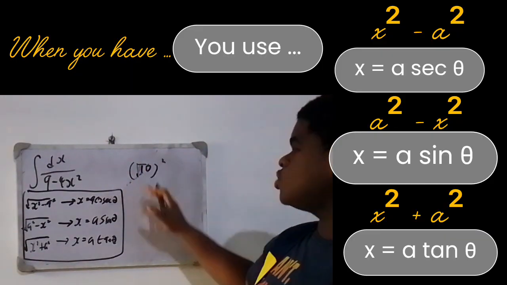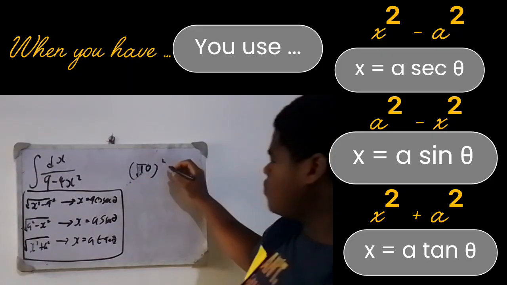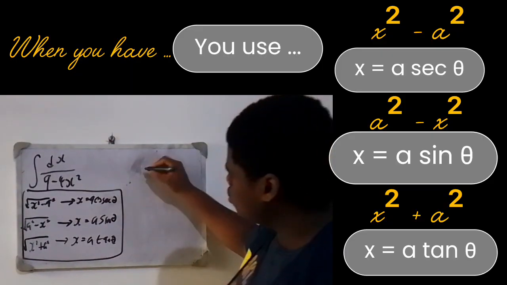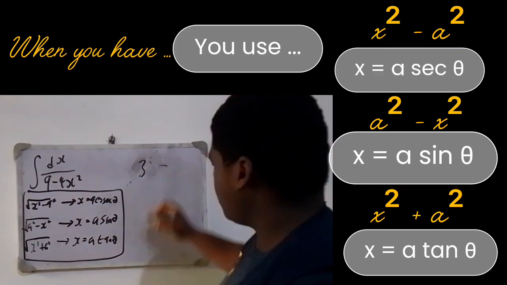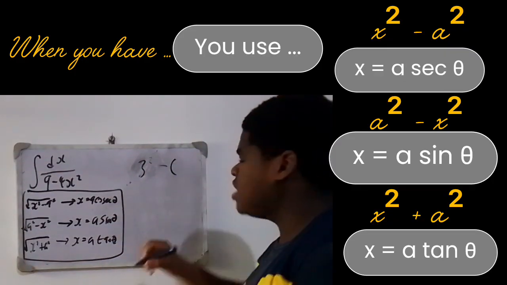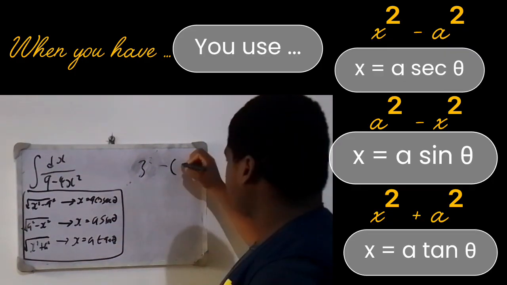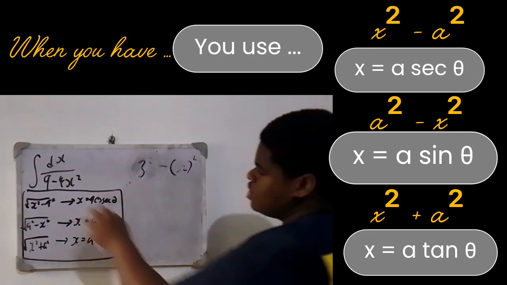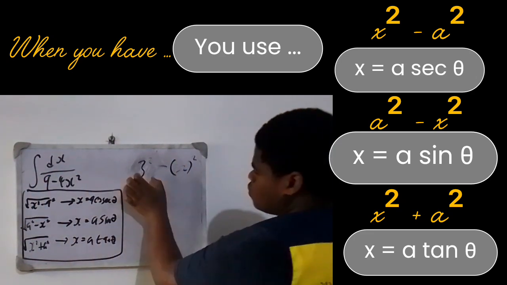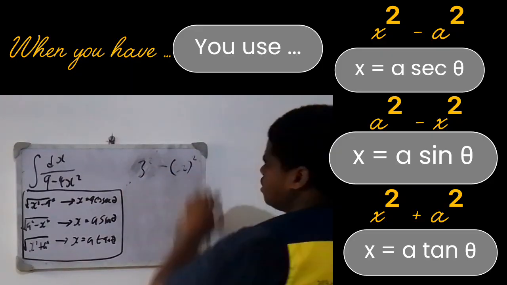So you still have the a there. But let us put 9. 9 is the same thing as 3 squared, minus 4x squared. We can put that 4x squared into a bracket, so we have bracket 2x all squared. So 9 minus 4x squared has become 3 squared minus 2x all squared.